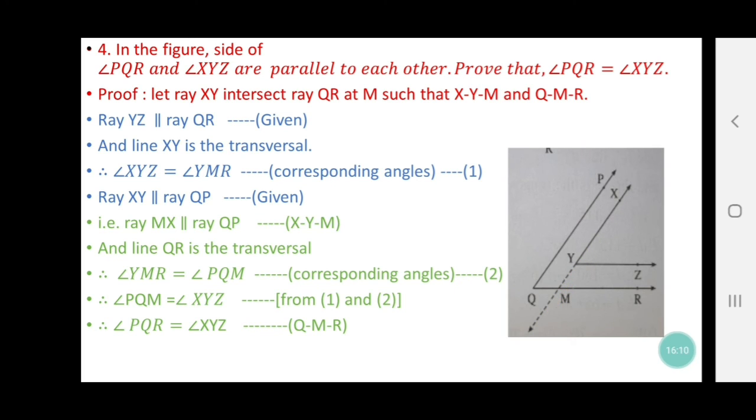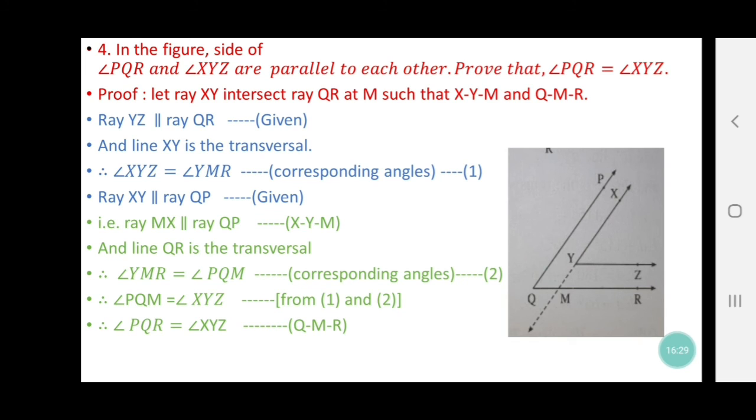So here XYZ will be equal to YMR, corresponding angles. Now XY is parallel to QP and QR is the transversal.